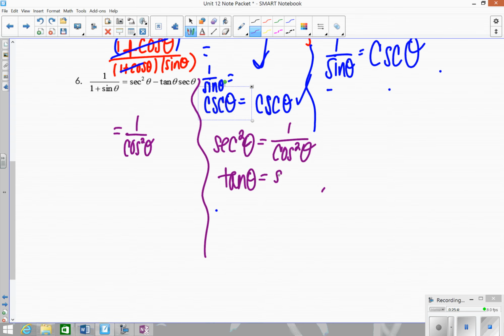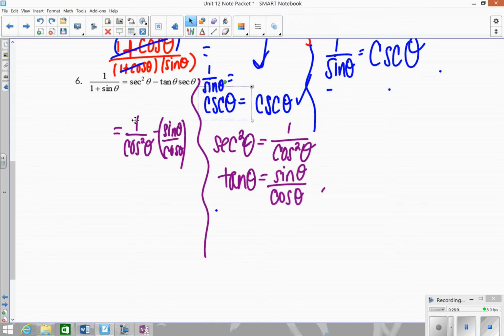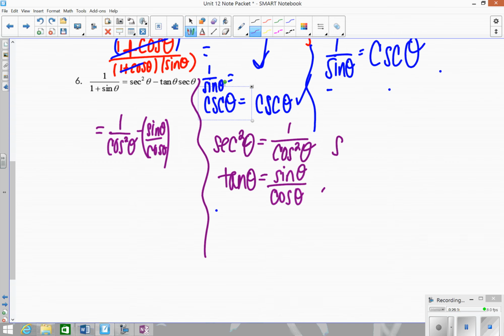I want to make it as common to the other expressions as possible. So this is going to be minus sine over cosine. And then secant here is the same thing as 1 over cosine, which we talked about right here.